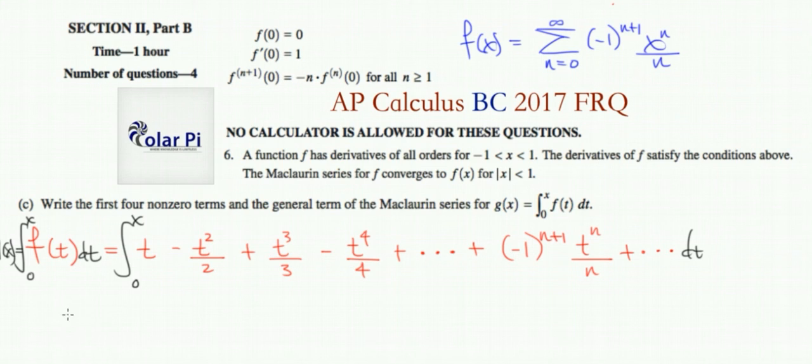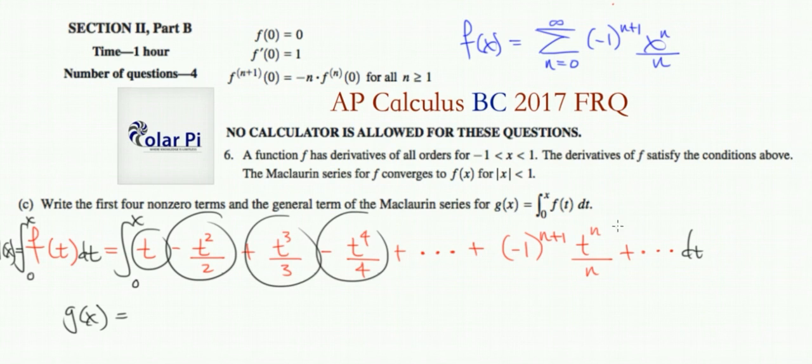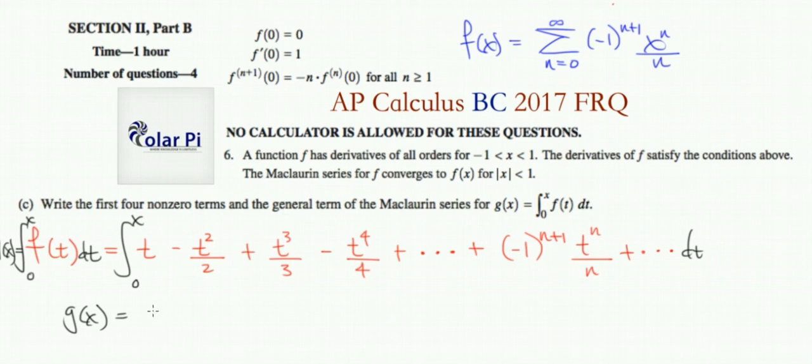Okay, so g of x then is going to equal, we can find these antiderivatives term by term, and so doing that we can write that it's going to equal t squared divided by 2, right?